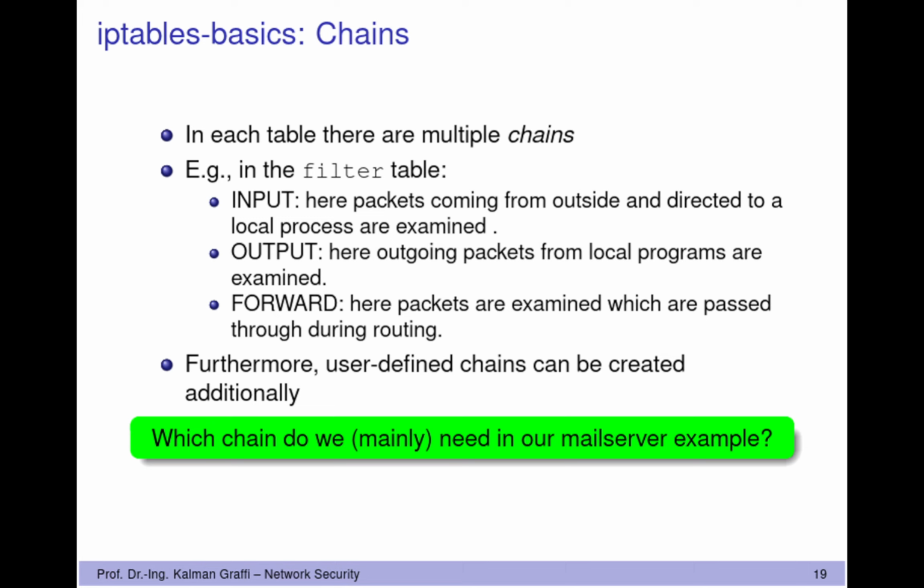For input, here packets coming from outside are examined. Then there's the output chain. This is for packets from local programs examined. And the forward, here packets are examined which are passed through during routing, so where the corresponding host is neither recipient nor destination.